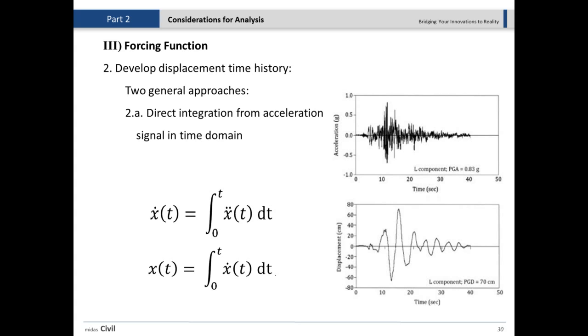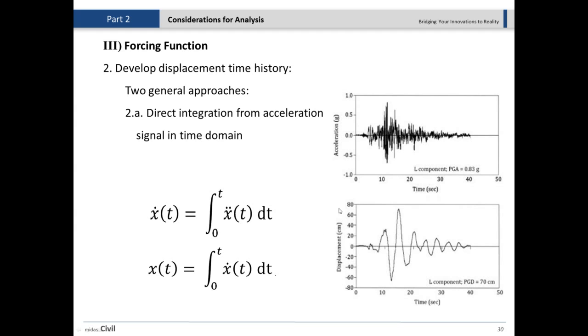Now, how to generate those displacement time histories when you have the acceleration time history? The first method is going to be the direct integration. Based on the classic methods, the first integration of the acceleration is going to give us the velocity, and then if you take another integral from this one, it's going to give us the displacement.